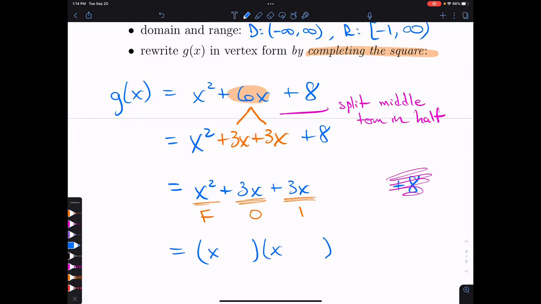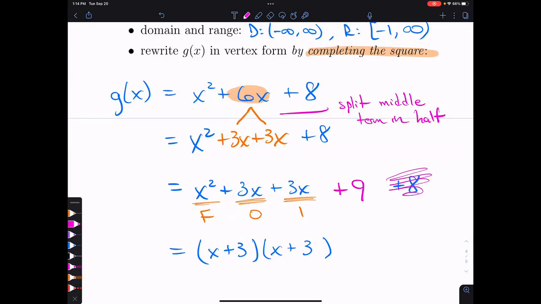Plus 3 in both places, right? So that when I multiply this out, I get x squared plus 3x plus 3x. Okay, cool. What else do you get? Plus 9 at the end.